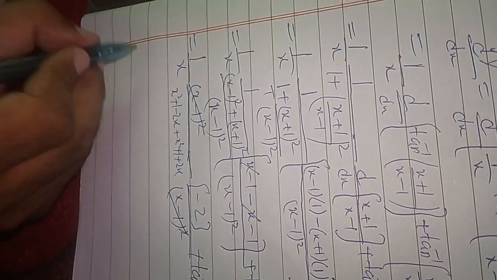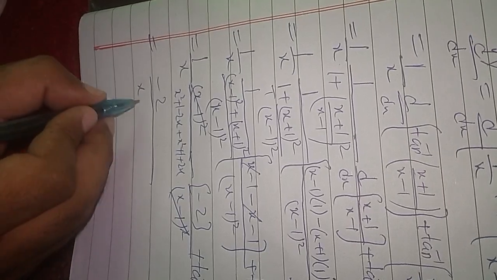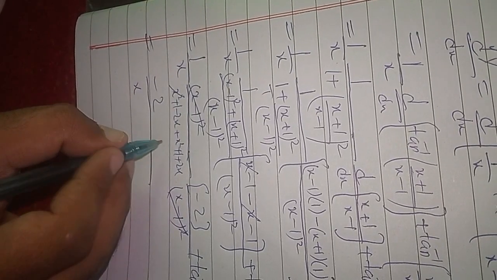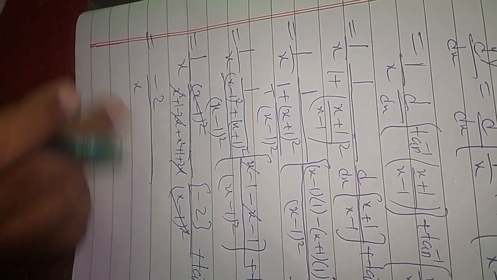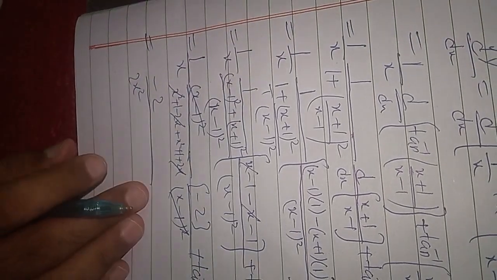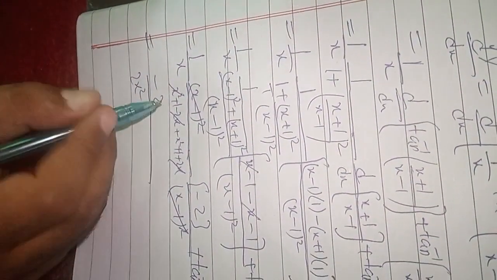So now after identical terms are cut, x minus 1 is cut with the x minus 1 below minus 2. So this will come minus 2 over 2x square plus 2, I think it will come plus 2.